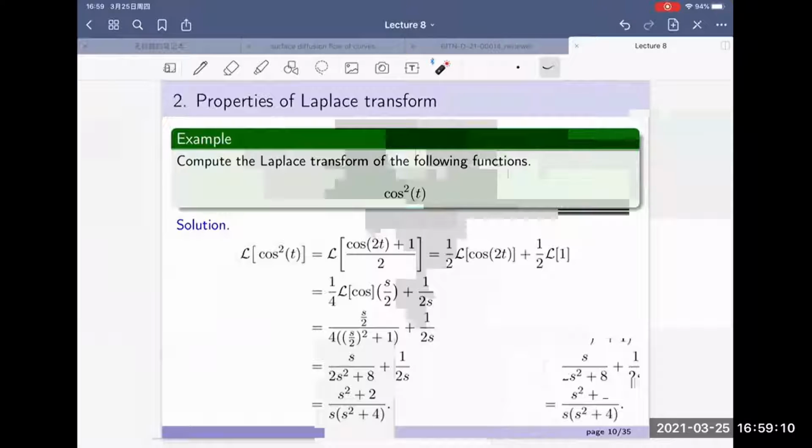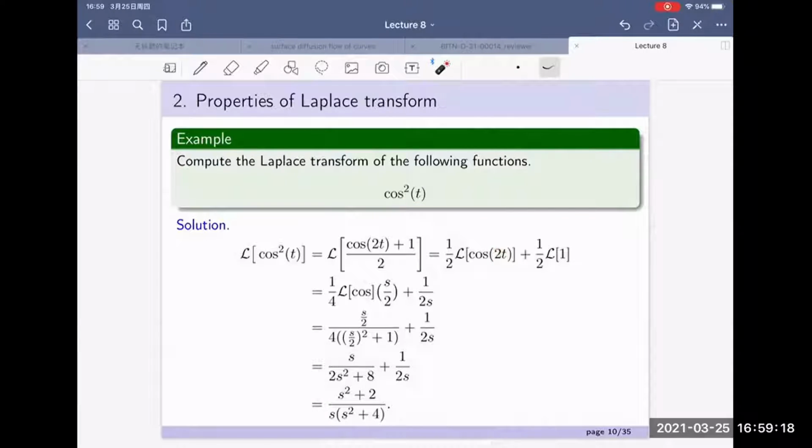Then for this scaling number, you can use the property that the coefficient 2 comes out into the denominator, becoming 1/4 here. Then you apply the Laplace transform to the cosine function, and you change the variable to s over 2.